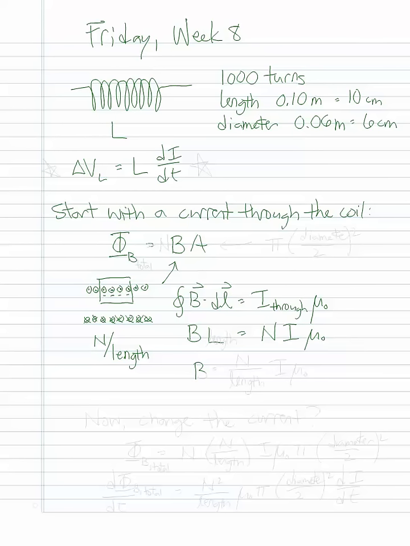And so B is N over the length. Now I should have written length here. I'll fix that, because we're using L for inductance. So it's N over length times I times mu naught. So now I'm going to ask the question, what happens if I actually change the current?